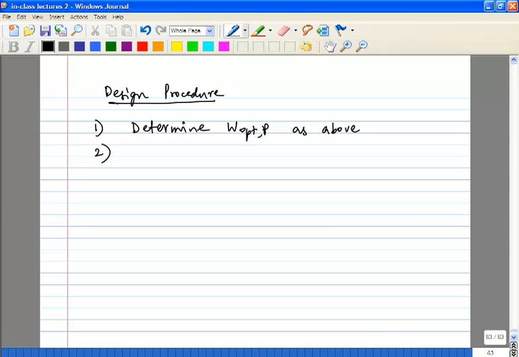Then you're going to choose an I bias based on your power constraint. You have some desired power dissipation, and you're going to choose I bias based on that. Next, you're going to determine LS.